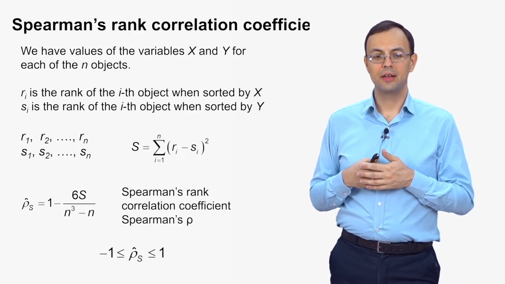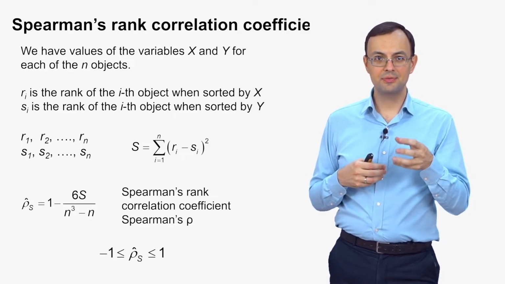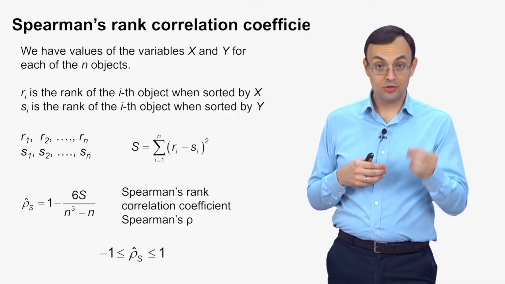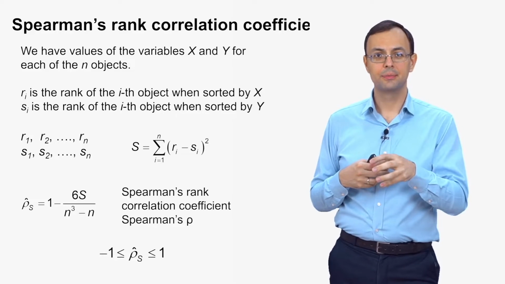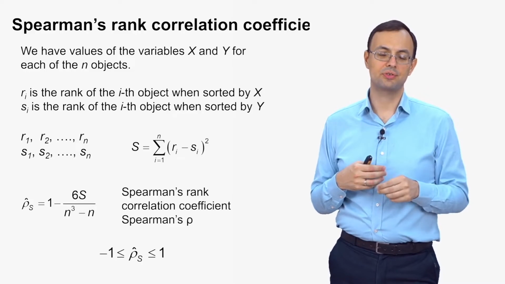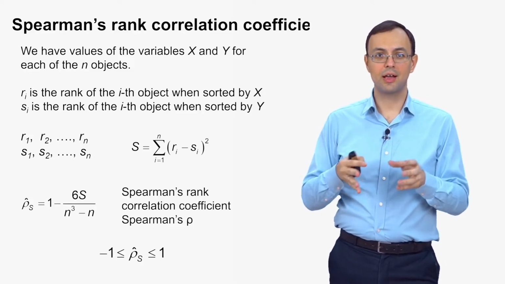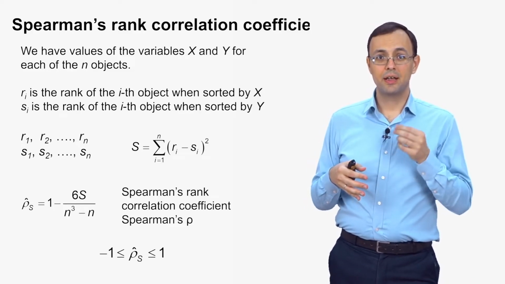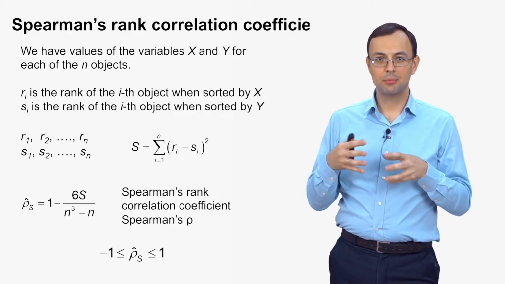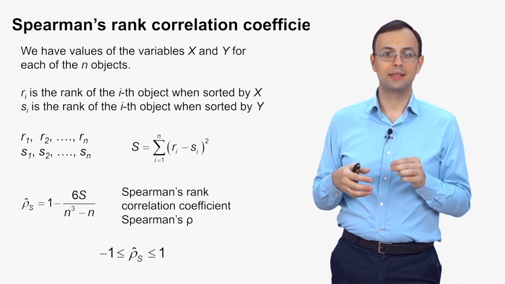For example, if you know that someone's income is higher than someone else's, this means that the sum of taxes they pay is also higher than the sum of taxes of that other person. So if income is higher, then taxes are also higher. Automatically, for these two variables, income and sum of taxes paid, this rho will be equal to 1.